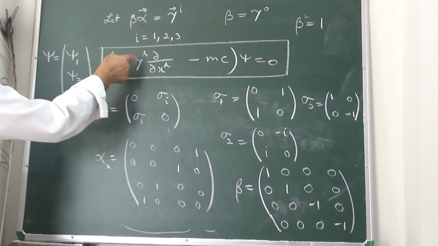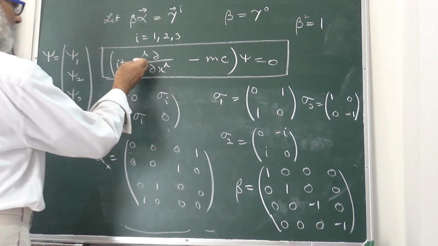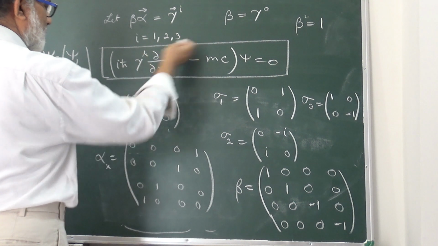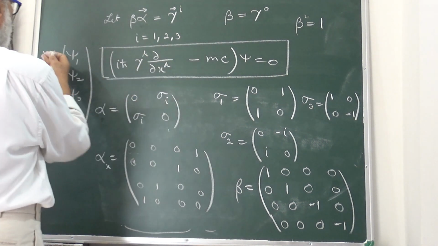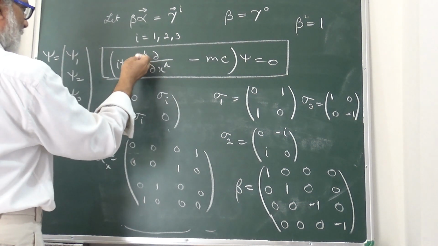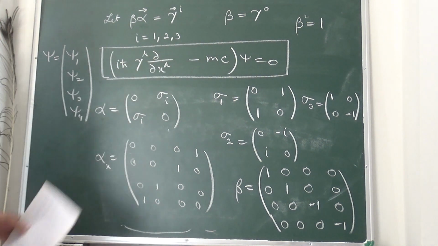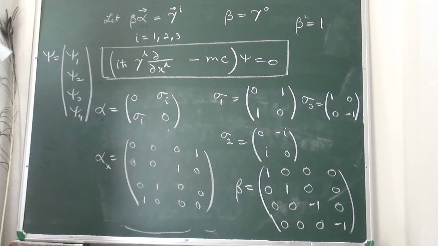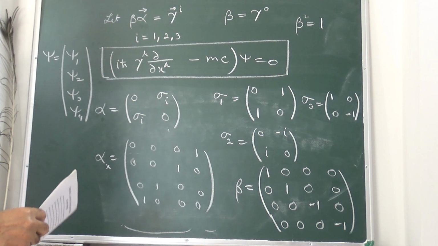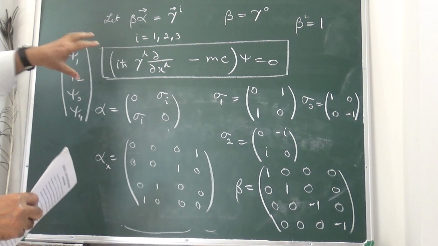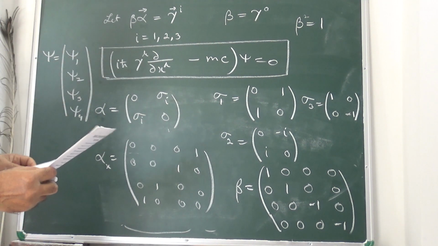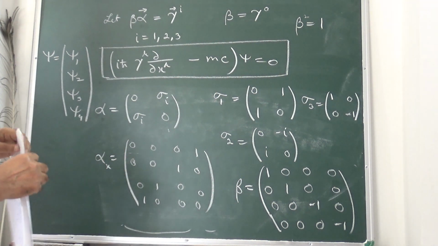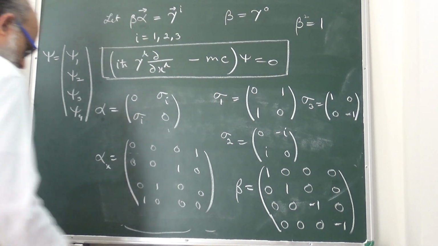Alphas are related to spin, so for every component of psi a particular value of spin is included. So this includes the spin part. It means the Dirac equation already has spin incorporated into it. So this is all about the Dirac equation.